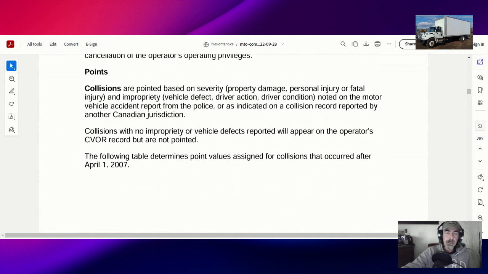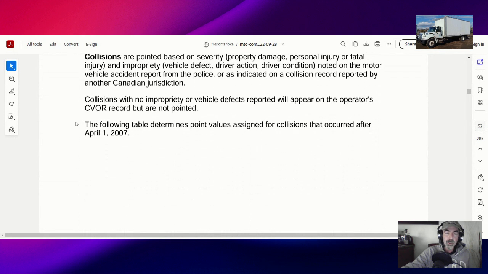Points. Collisions are pointed based on severity, property damage, personal injury, or fatal injury, and impropriety, vehicle defect, driver action, driver condition, noted on the motor vehicle accident report from the police, or as indicated on a collision record reported by another Canadian jurisdiction.